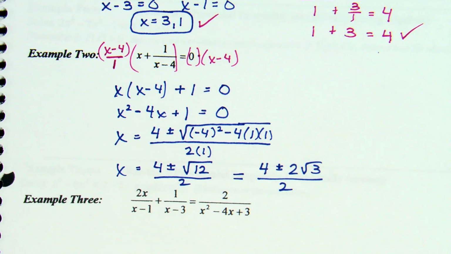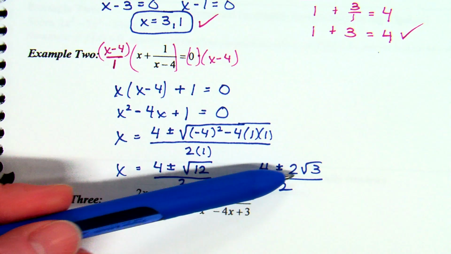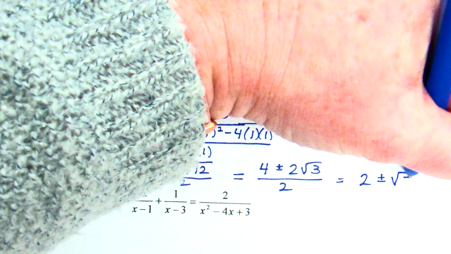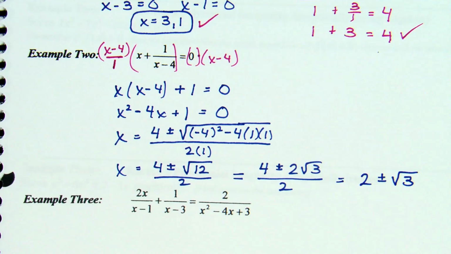Now I'm ready to talk about dividing. What do you notice? All 3 pieces have a 2 in common, don't they? So everything can divide by 2. So 4 divided by 2 is 2, plus or minus. What about 2 radical 3 divided by 2? Just square root of 3. And then it'd still be all over 1 if you want to think that way, but I would just leave it like this, 2 plus or minus the square root of 3.